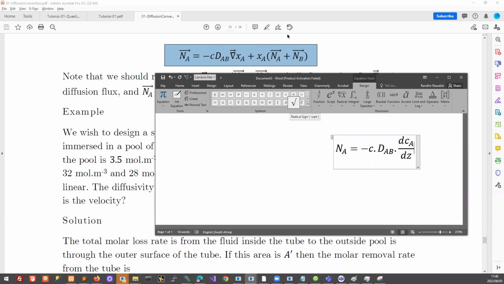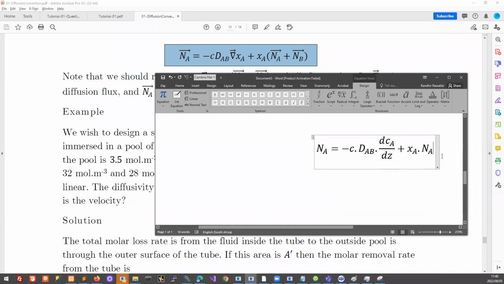But now we've said B is not moving and it's not diffusing on average overall, right? So NB is 0. So then we get this equation. So we get here plus XA times NA.